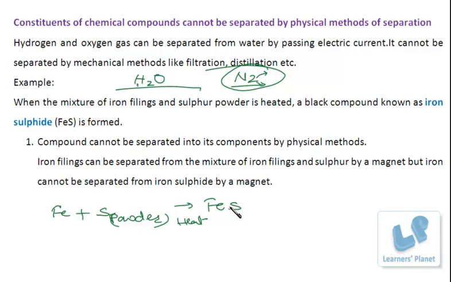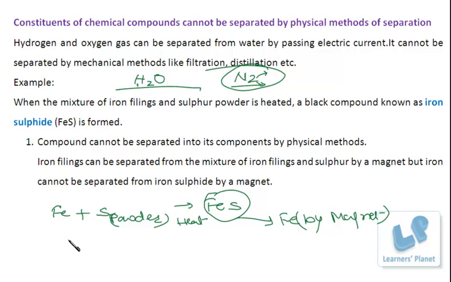Now, iron cannot be separated from this iron sulfide by using a magnet, because iron sulfide has altogether different properties from iron and sulfur. So, iron cannot be separated from iron sulfide.